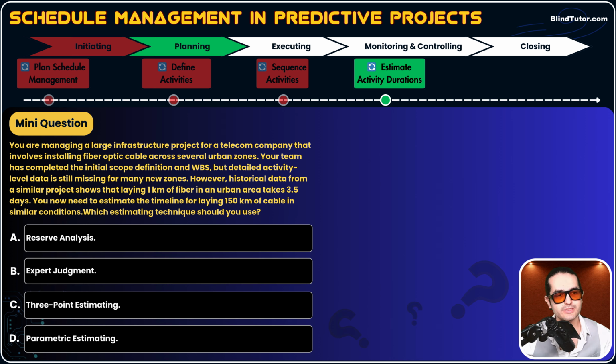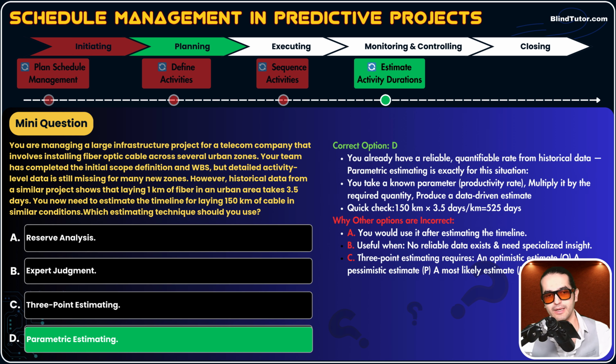So we have a productivity rate here. We can simply use a formula to calculate our duration. And whenever you see and hear and you feel that you need to use a formula, it is parametric, option D, guys.